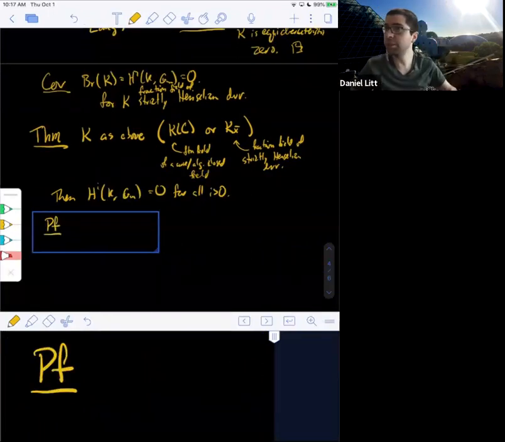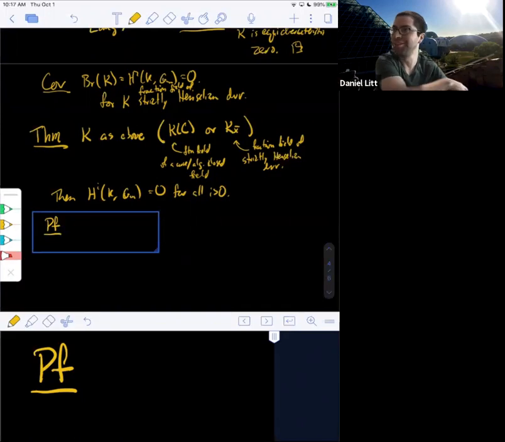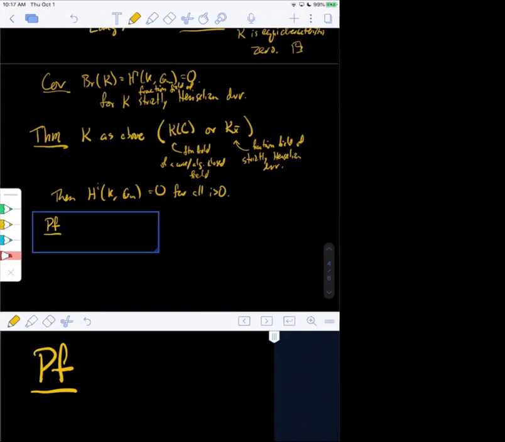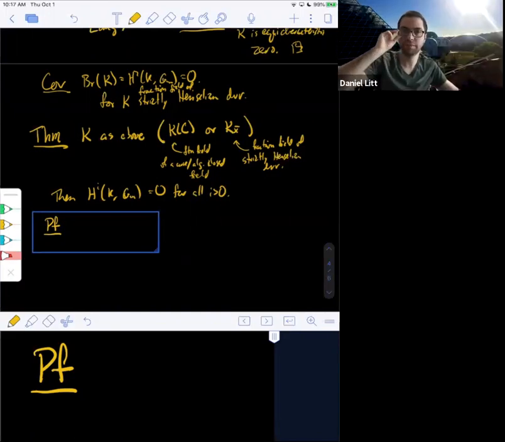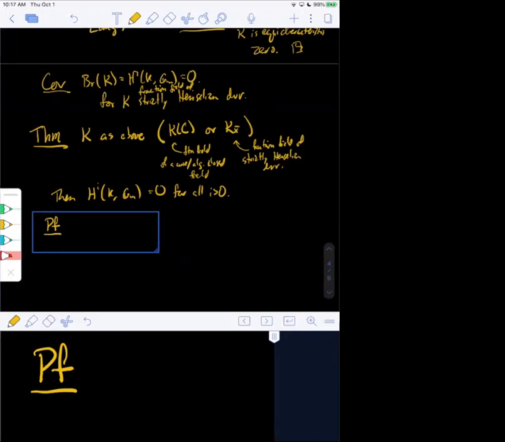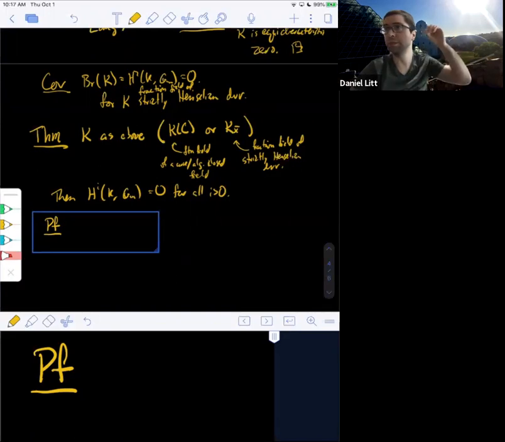Are there any questions about the statement before we get into the proof, or why we're doing this? Because I know the motivation was maybe a couple class periods ago. Is this going to use the fact that those are those two fields, or is it just an abstract property of fields that have Brauer group 0? Yes, so you need a little bit more than Brauer group 0. What you need is that all extensions have Brauer group 0.